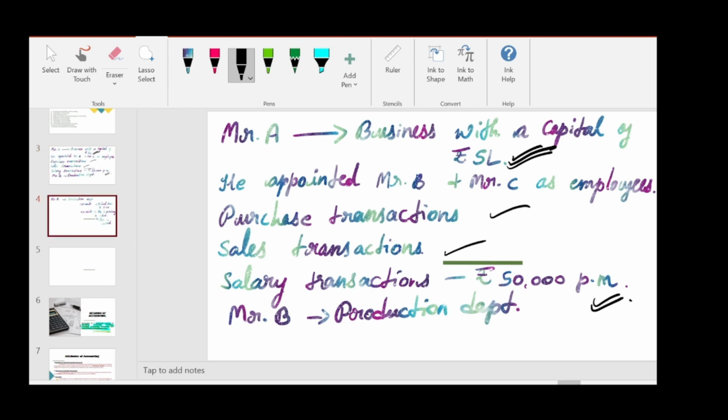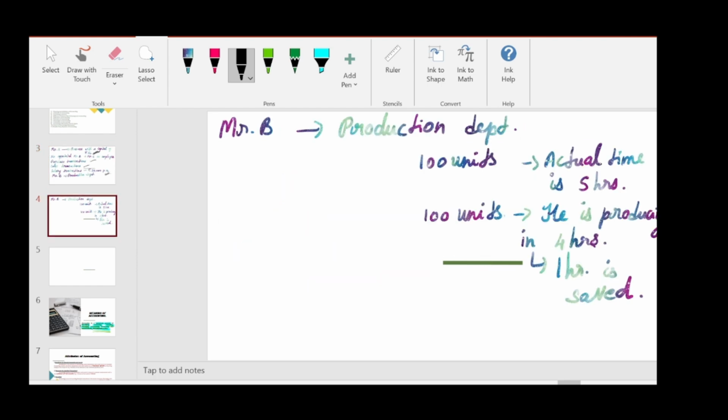Why are they specifically saying that only the financial aspect should be recorded? Because in this example we have Mr. B, who works in the production department. The actual time is 5 hours for producing 100 units, but Mr. B takes just 4 hours. That means he is saving 1 hour.